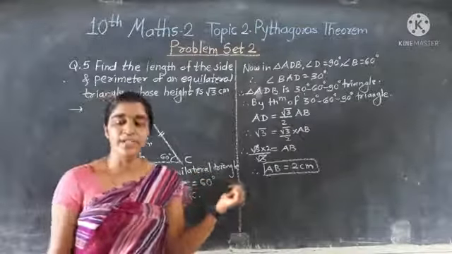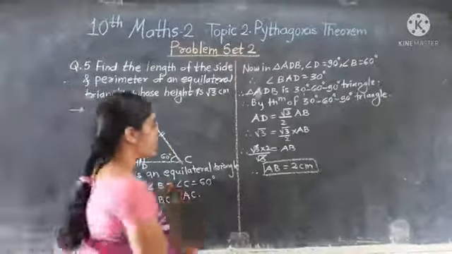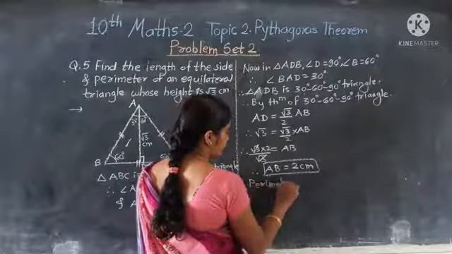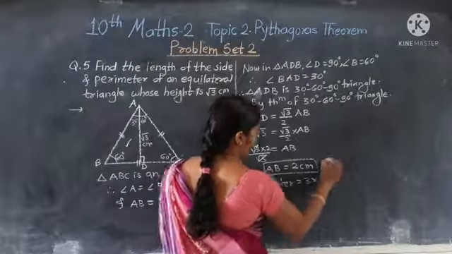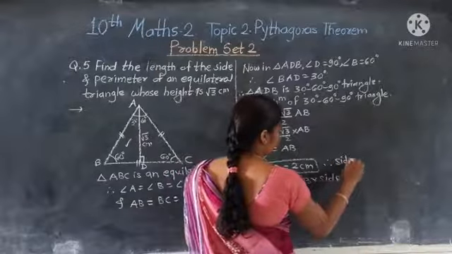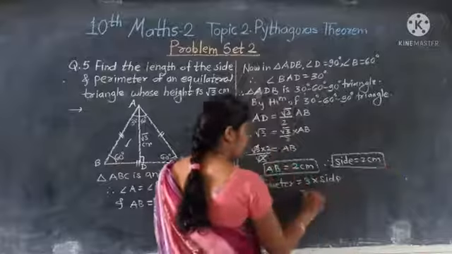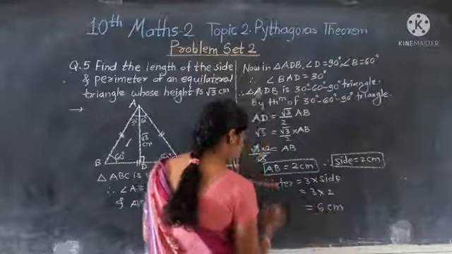Okay, first we find the side. Now you find the perimeter. Therefore, perimeter is equal to 3 into side. The side is equal to 2 centimeter, so 3 into 2 is equal to 6 centimeter.